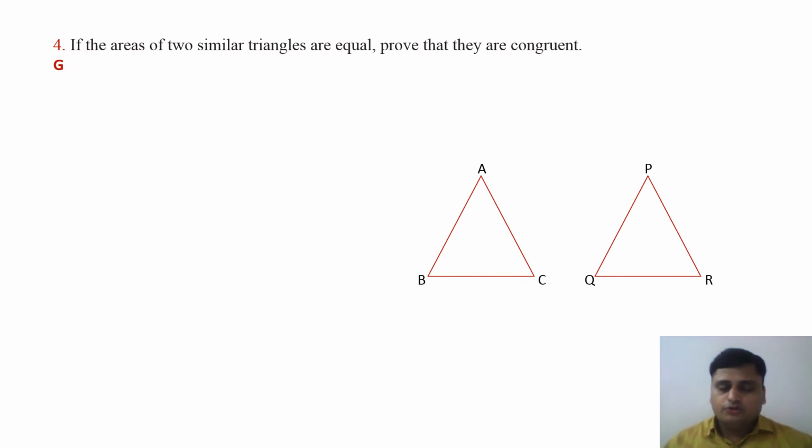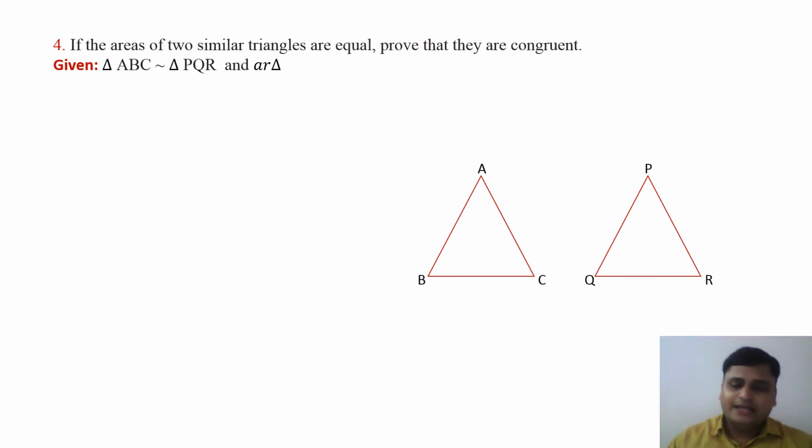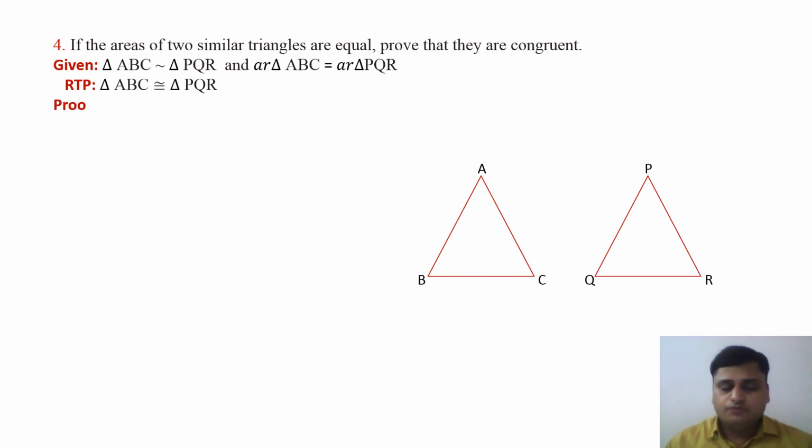Okay, so given triangle ABC is similar to triangle PQR and their areas are equal, that is area of triangle ABC is equal to area of triangle PQR. RTP: triangle ABC is congruent to triangle PQR. Let's begin the proof. Triangle ABC is similar to triangle PQR.